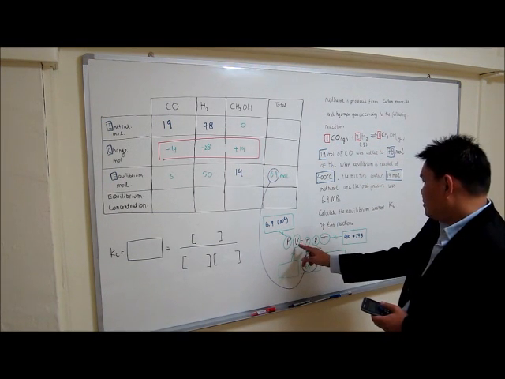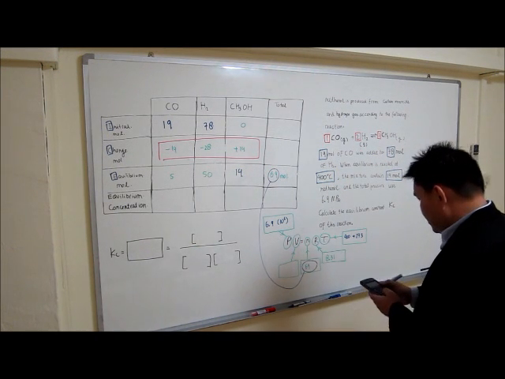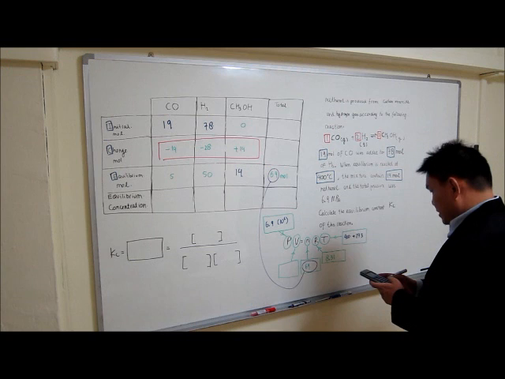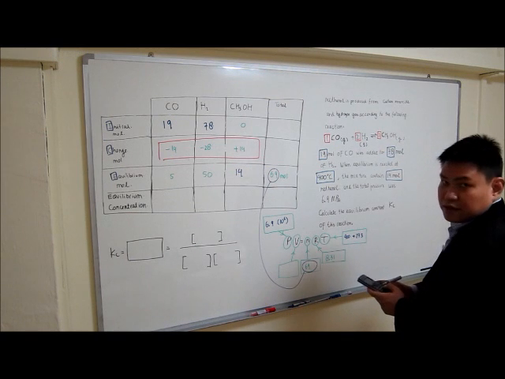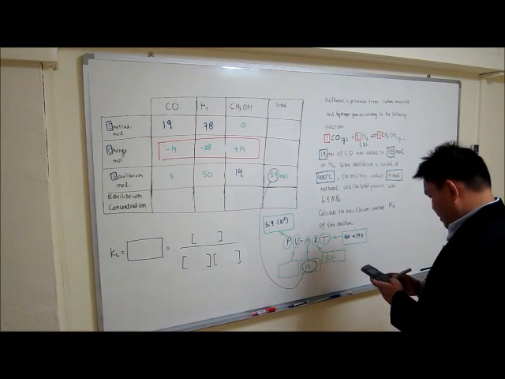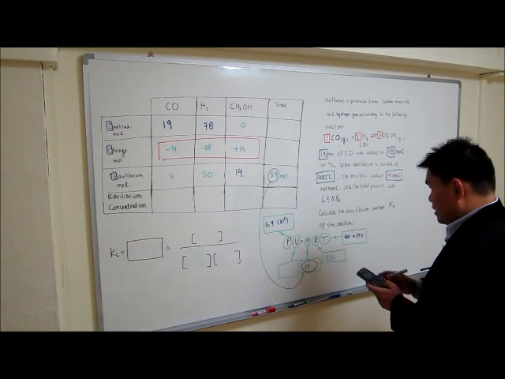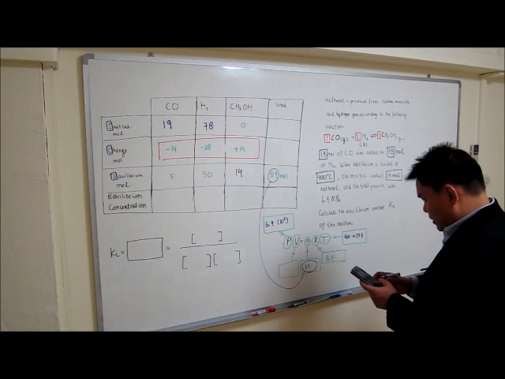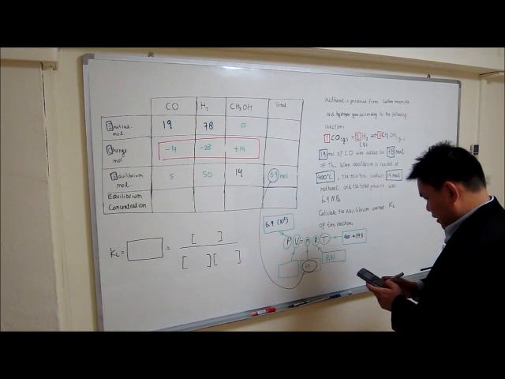If you make volume the subject, it will be nRT over P. So very simple: 69 times 8.31 times, don't forget to put this in a bracket, 400 plus 273, and you divide by another bracket, 6.9 times 10 power 6.